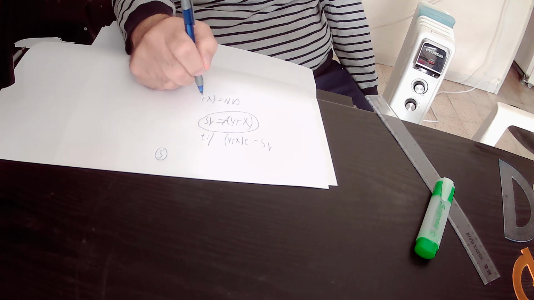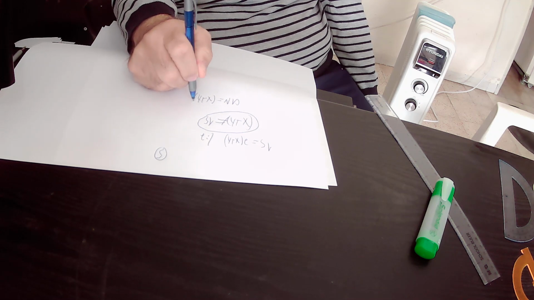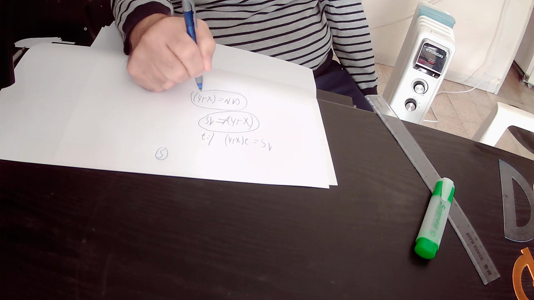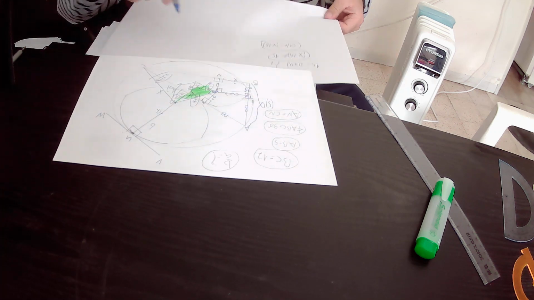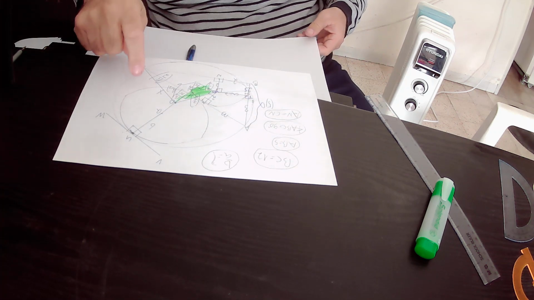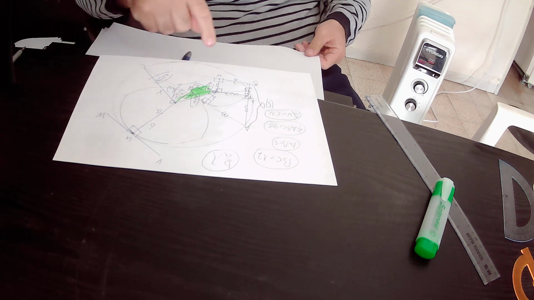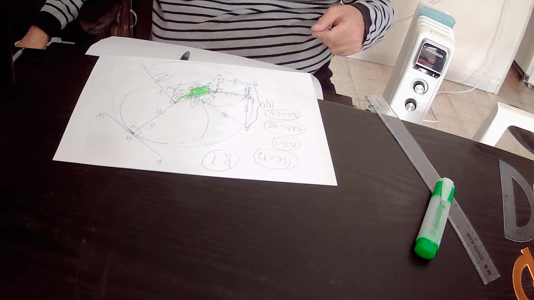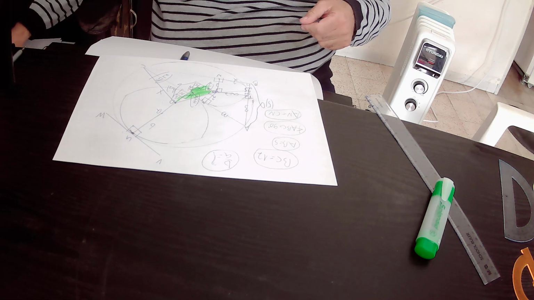That is from one side, but from the other side, we've found out that UN is the diameter of this circle that is equal to 2b.